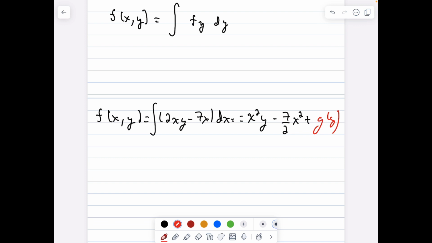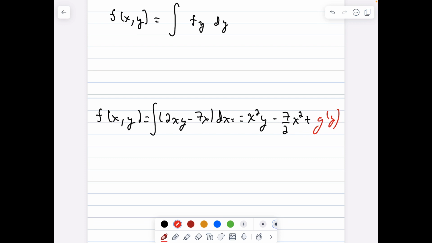How do you check your work? You take the derivative of what you claim is the answer with respect to x. That's how you check an antiderivative. Well, this g of y part would just equal 0 because g of y is just a function of y. My big point here is that when you're integrating a two-variable function, you're going to add a function of y or a function of x, depending on the case.